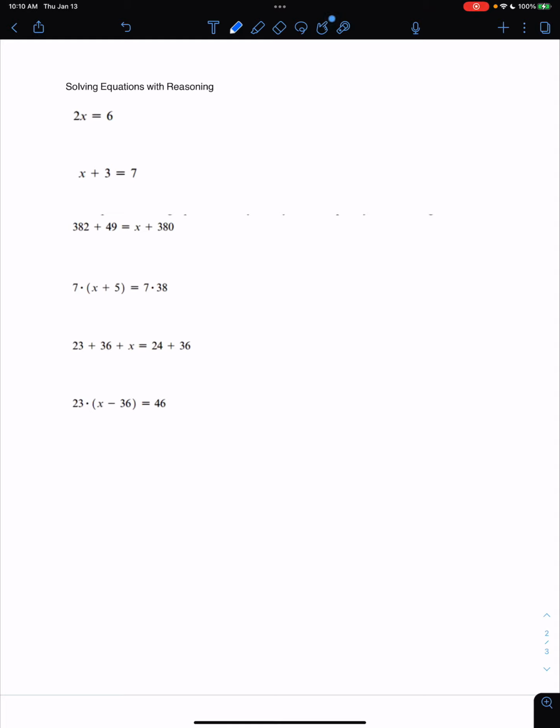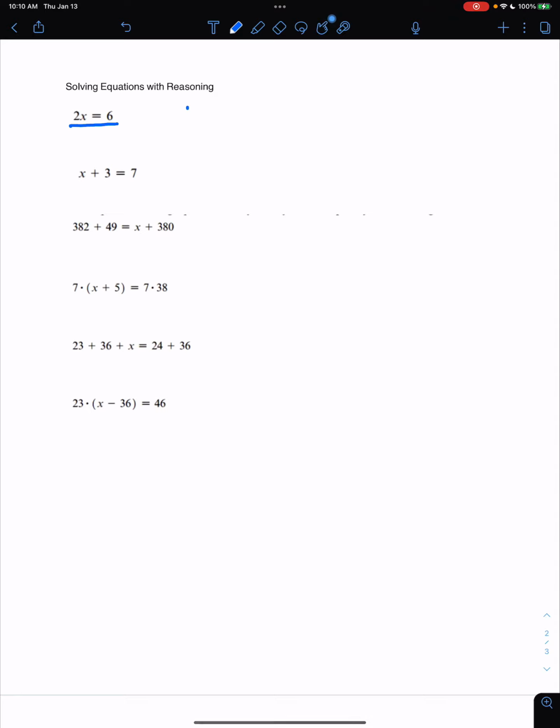So I have a bunch of equations here, and we can just look at them and use what we know about numbers and operations, and we can kind of intuitively solve these equations. So for example, 2x equals 6.